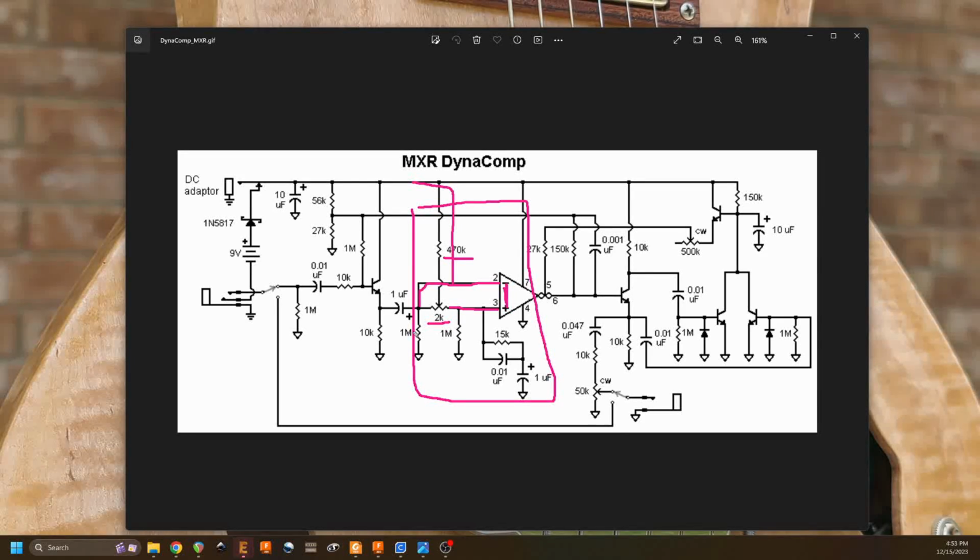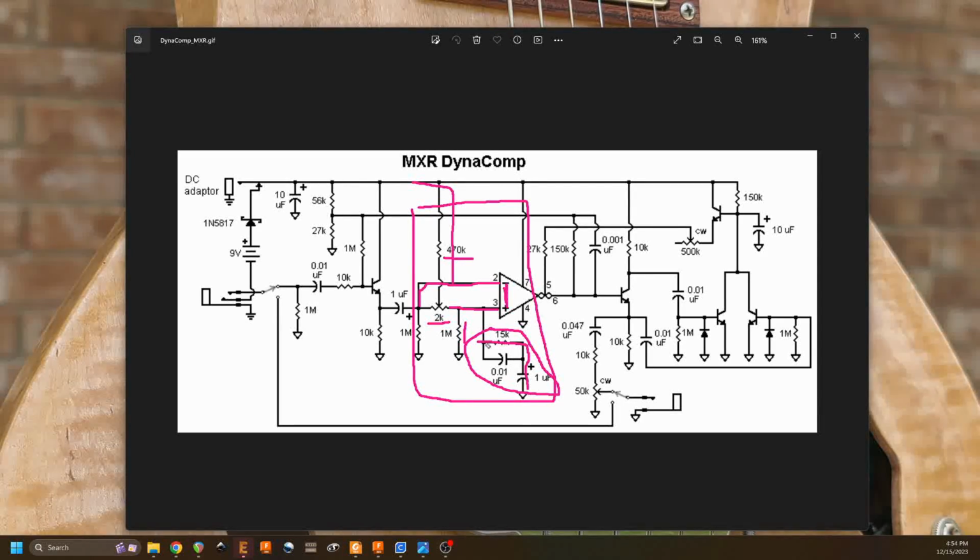And then off of the positive terminal here, we have a 1 meg to ground, but then we also have this arrangement of 2 caps and a resistor. So if we go through a resistor to a cap to ground on this leg, then what we have is a low pass filter.